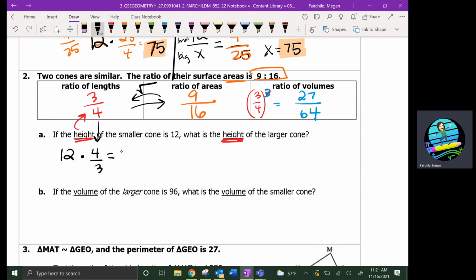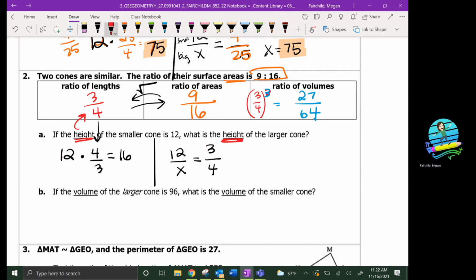That will give me 16. If I want to use proportions, I can set it up as small over big equals small over big, using my ratio. Either way, you should get the same answer. That's 3x equals 48, so x equals 16.